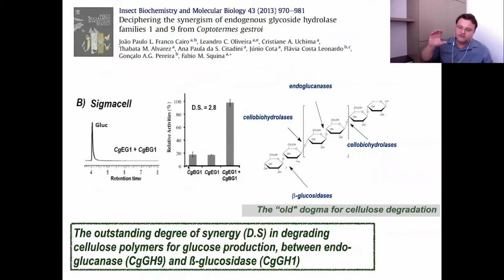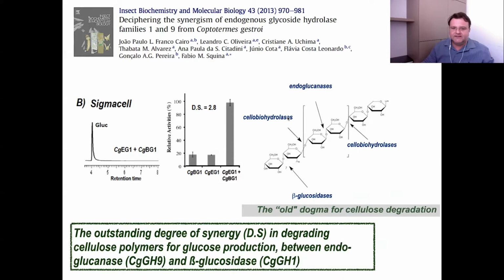So we cloned the two major cellulases produced by this termite, an endoglucanase, EG1, and a beta-glucosidase, BG1. And we found that when these two enzymes are combined, they present a high synergy, a synergistic effect on degrading cellulose.